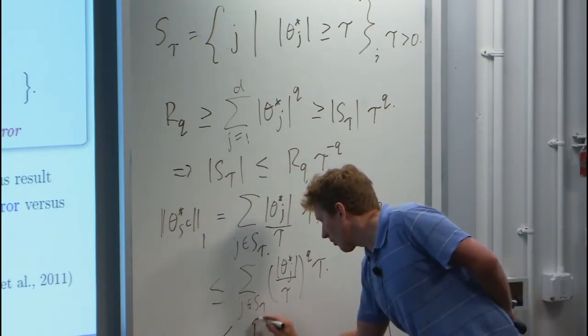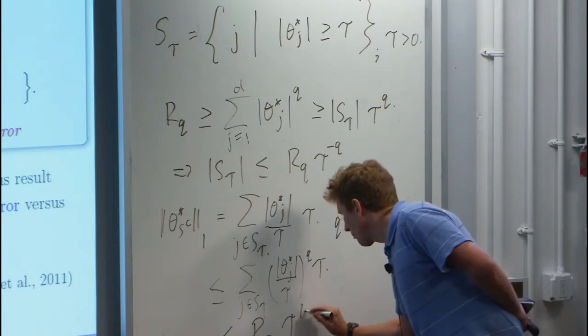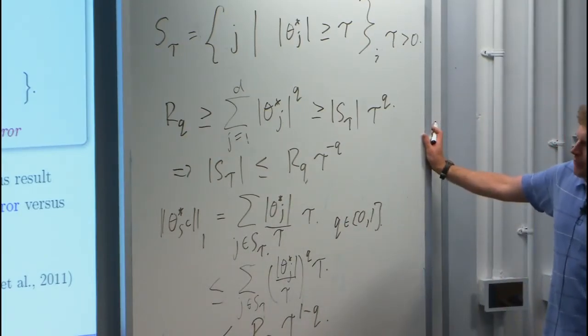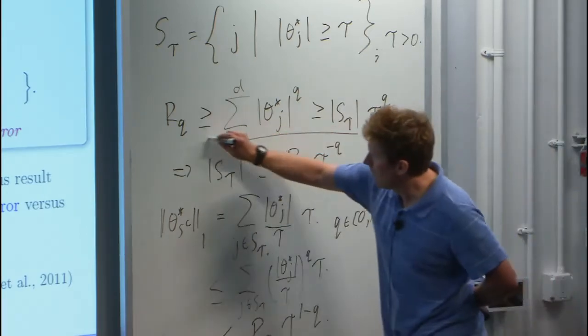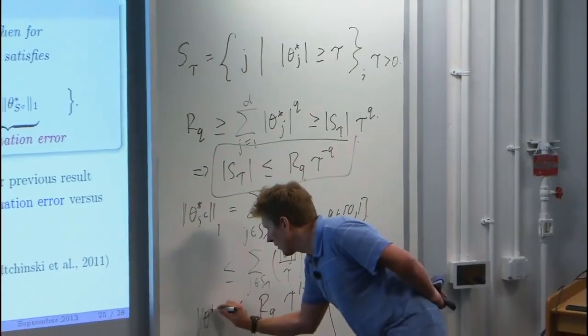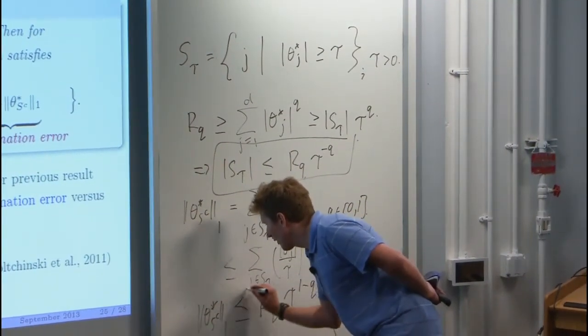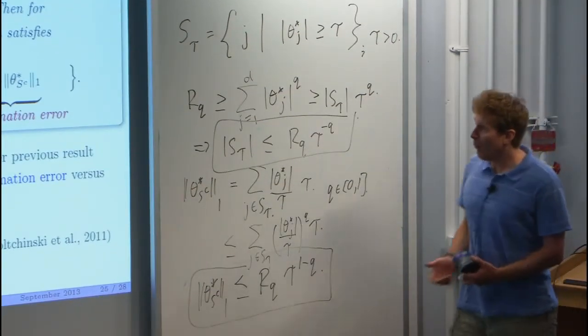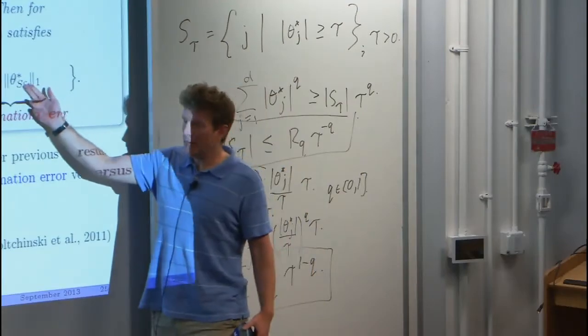So this is at most r of q tau to the 1 minus q. Right? So these are the two terms. That's important. And we've bounded the second term as a function of the subset. That's at most this. Okay, so now what you're going to do is you're going to plug these into here.